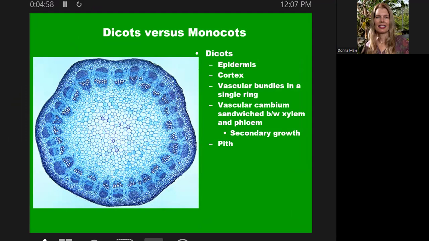And then I'm going to talk about this vascular cambium idea. So we're going to see that that's right in between the xylem and the phloem, and it's a ring of cells that goes all the way around, and it will lead to secondary growth. And then the very center is what they call the pith region of the stem, which again is more parenchyma cells. Okay.